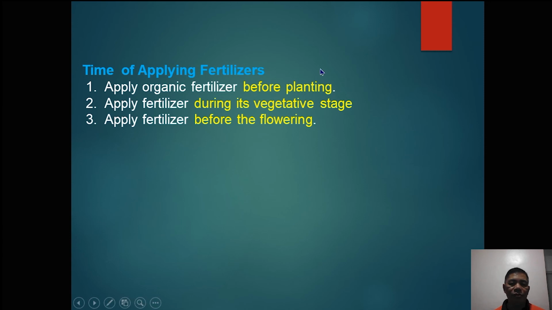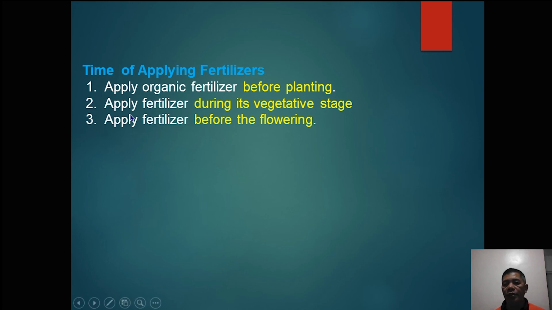So it's advisable that you count more or less 5 days, 7 days before you transfer the plants in the field.